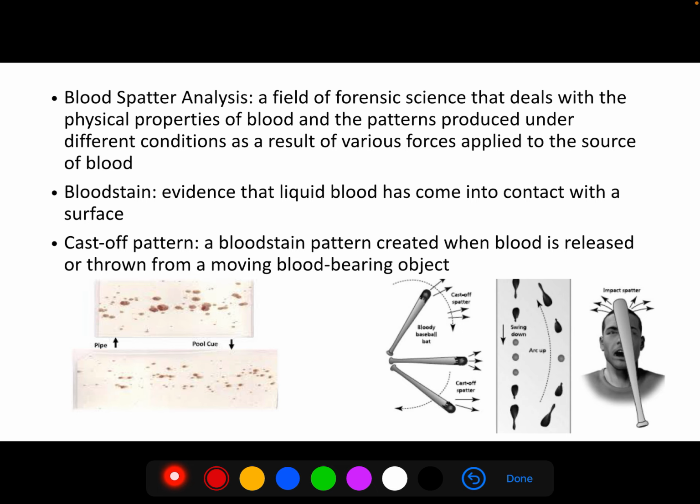Pool sticks are thinner than pipes generally. So if you notice, the thinner weapon on the bottom has smaller droplets and they are not spread out as much. So someone who looks at blood and looks at these patterns would be able to recognize that there's a different thickness in these weapons.